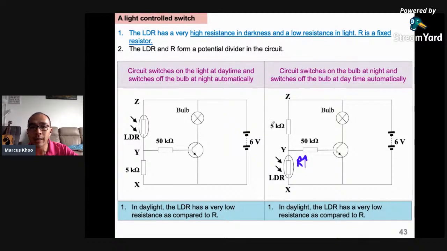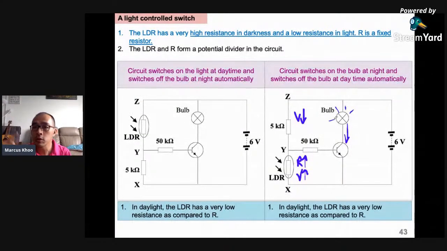This 5 kilo ohm one is fixed. But because of the low light, the LDR's resistance will become higher than 5 kilo ohms. So because of that, over here will have more voltage, over here will have less voltage. The voltage is enough to turn on the transistor, and because of that, collector current will flow and the light bulb will light up.